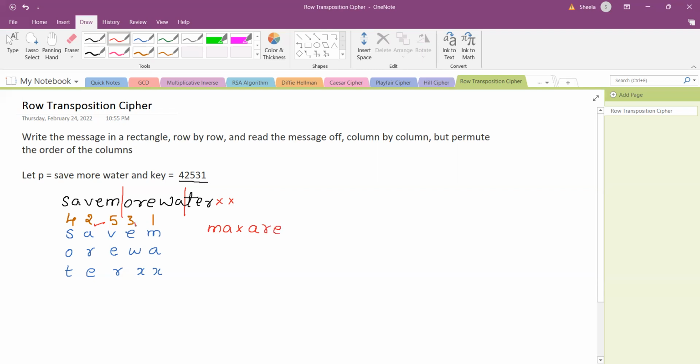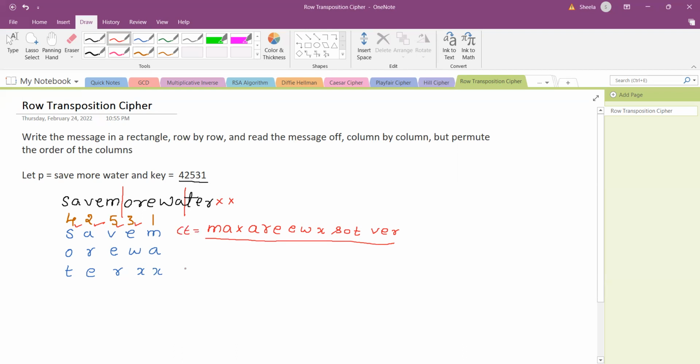The third column is 3, so I consider EWX. The fourth column is SOT, and the fifth one is VER. This is how we get the ciphertext.